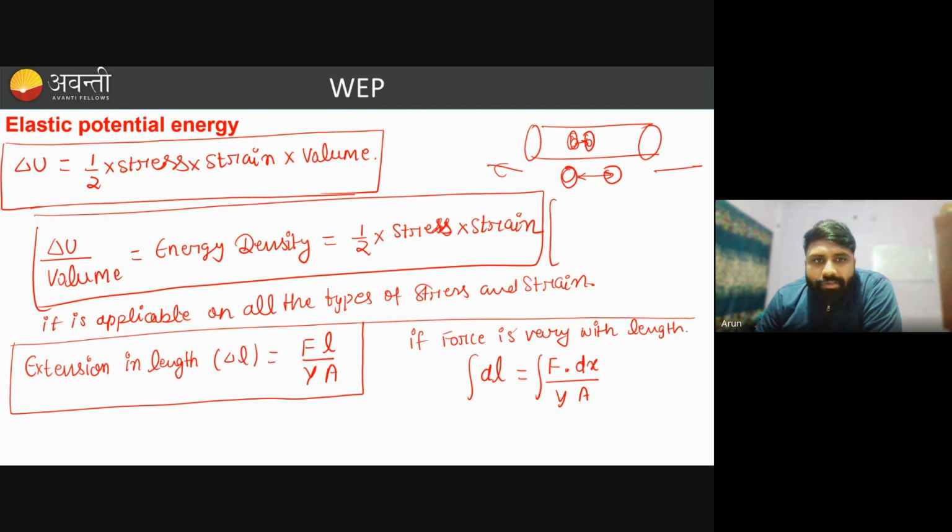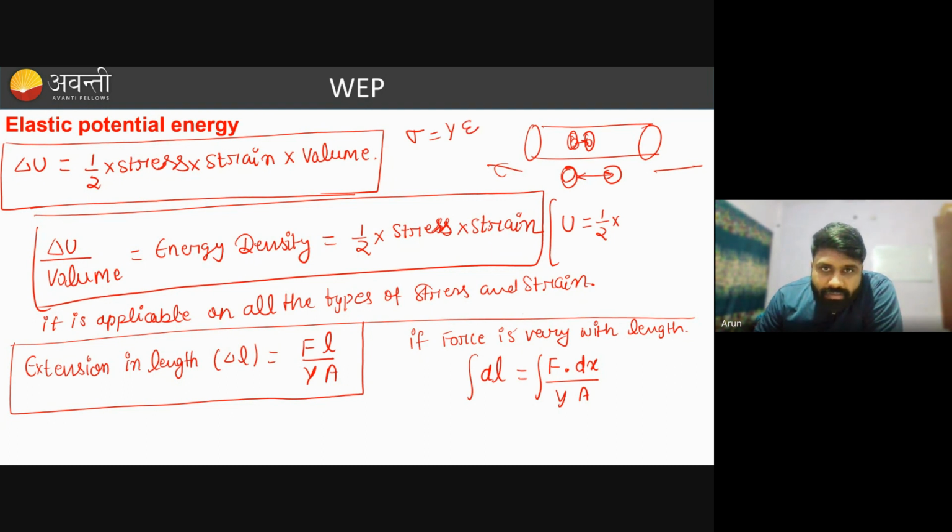If you apply Hooke's law here, energy density you will give as 1/2 times stress times strain. We are considering Hooke's law, which says stress is directly proportional to strain. If I talk about the longitudinal stress, it is given by sigma equals Young's modulus of elasticity times epsilon, which is strain.